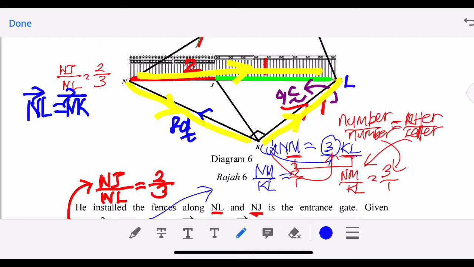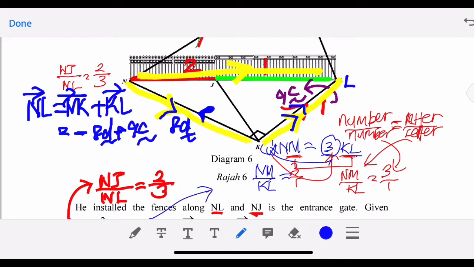So from N, you go to the K, then K go to the L. This is actually the triangle law. It's just like you got two ways to go. One is the shortcut, the other one is a longer path, alright? So now, because the direction is opposite with the one given, you have to write negative 8D plus the 9C, right? So this is NL.